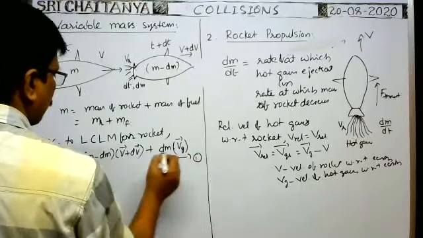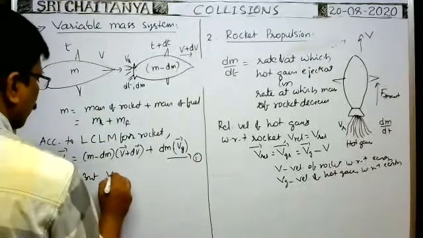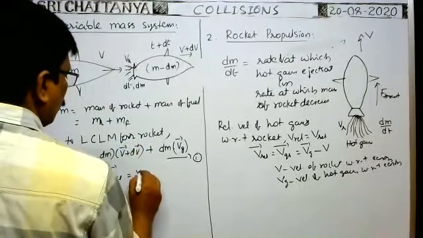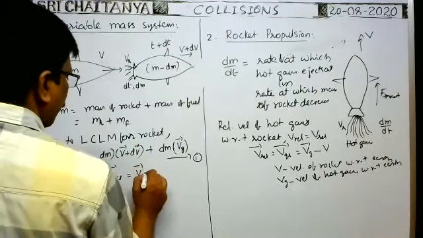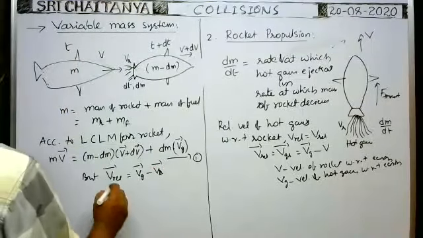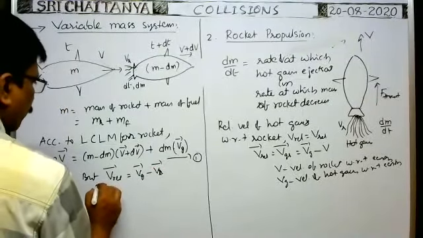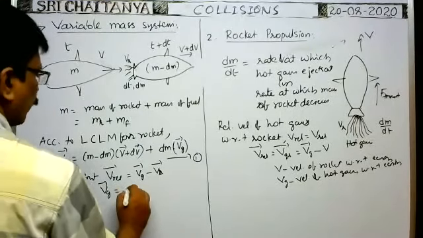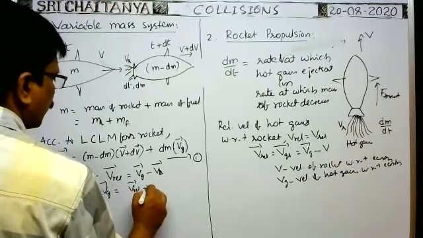This is equation 1. The relative velocity of the hot gases with respect to the rocket is equal to the velocity of the hot gases minus the velocity of the rocket. General formula: velocity of the hot gases minus velocity of the rocket. From this, the velocity of the hot gases vz bar is equal to v relative bar plus v bar.